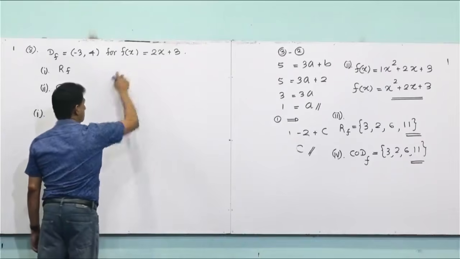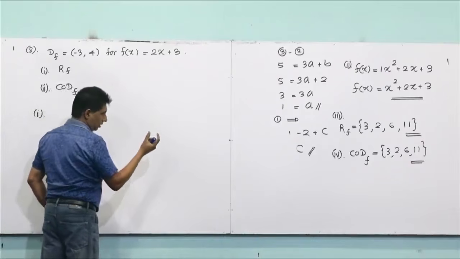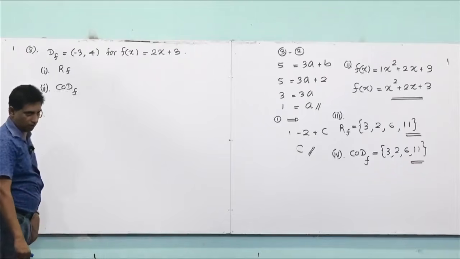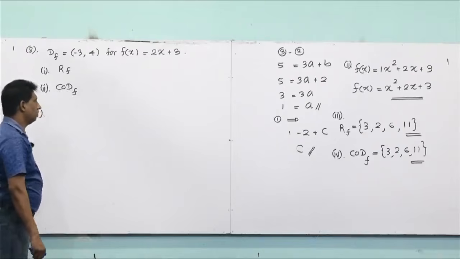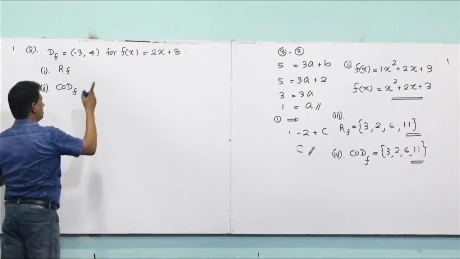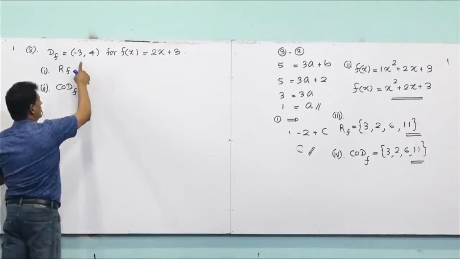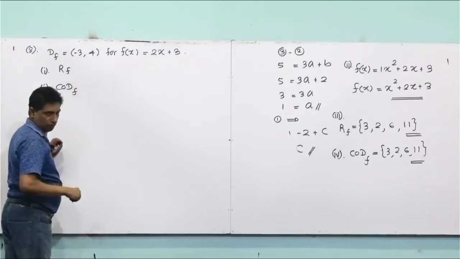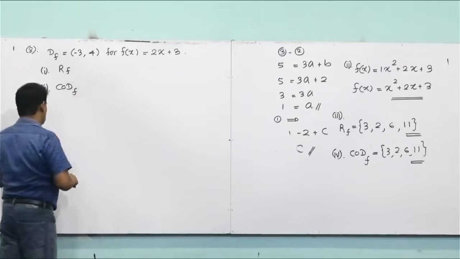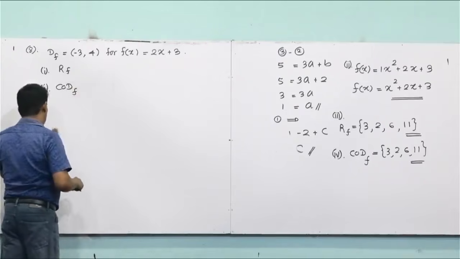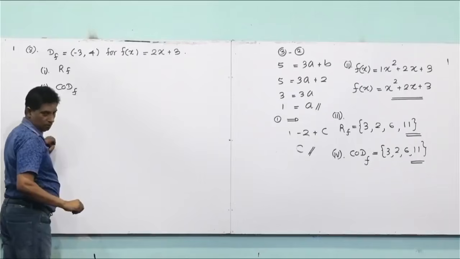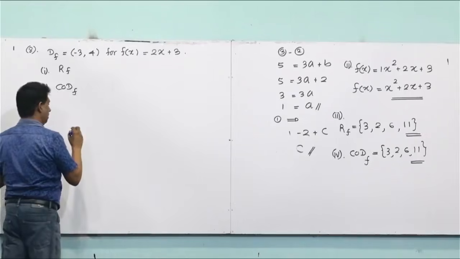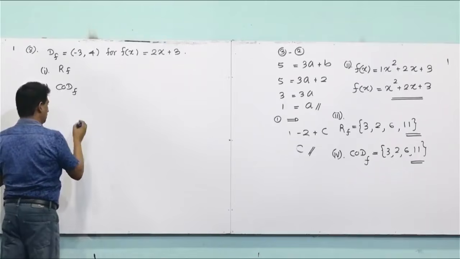Then what is x? x is any element in the domain. The meaning of that is, x can take any value in between minus 3 to positive 4. So we can write a double inequality for x. What is the double inequality?